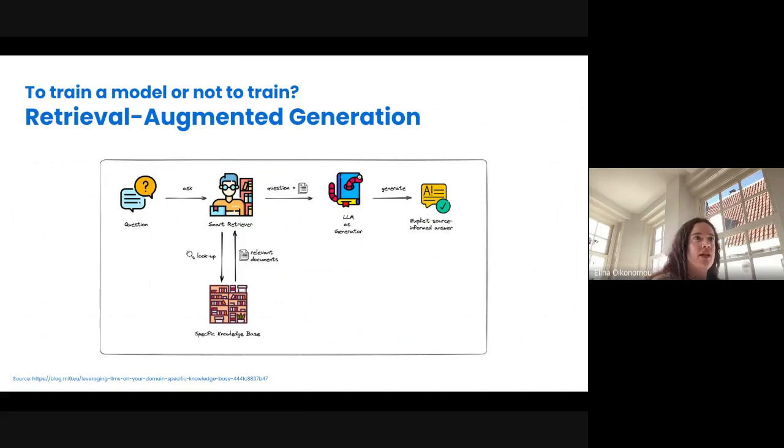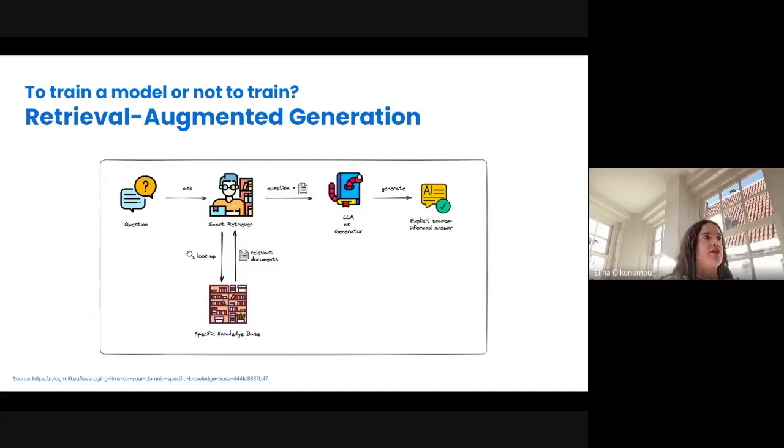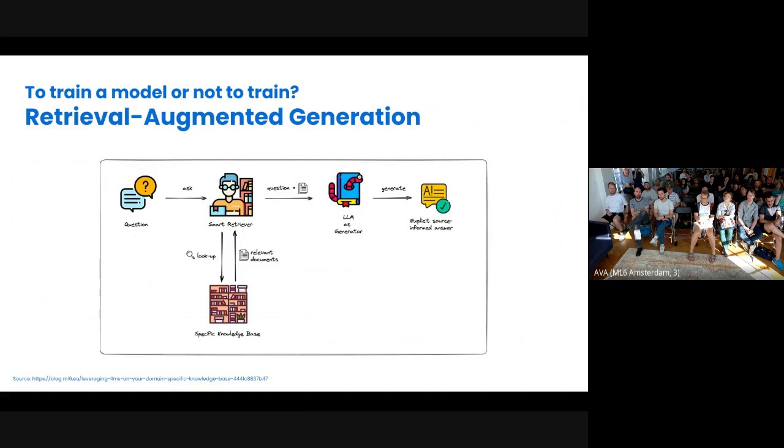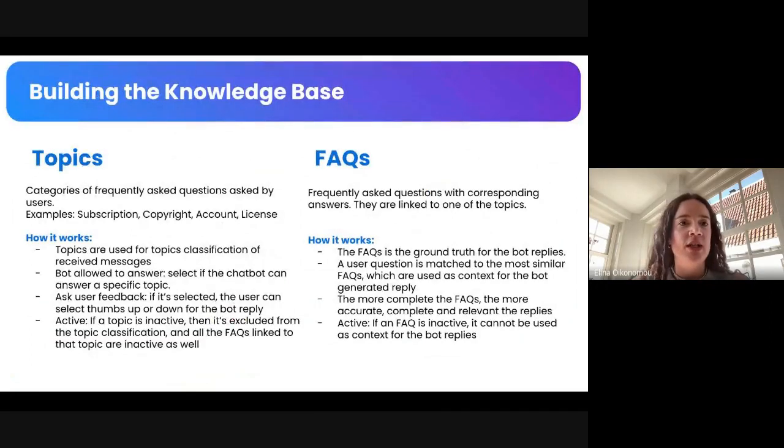Then we prompt a large language model, which is the generator, with the question and also the context. And then the generator provides a reply to the user. So that's the high-level concept of how we build our chatbots.